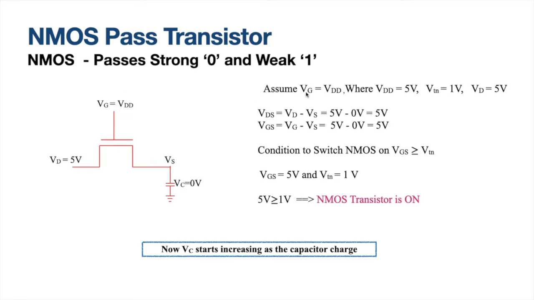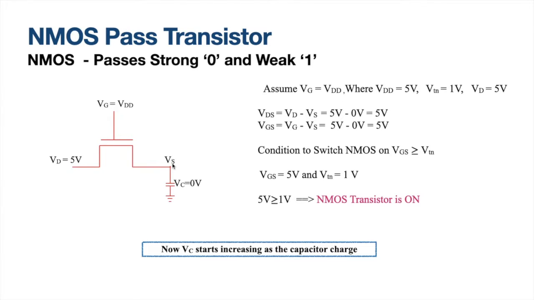So, look into the statement here. VG is equal to VDD, where VDD is equal to 5 volts. We also assume a threshold voltage for this NMOS transistor to be 1 volt. Now, back to the figure. We always know that this side is going to be the input, the other side is going to be the output.